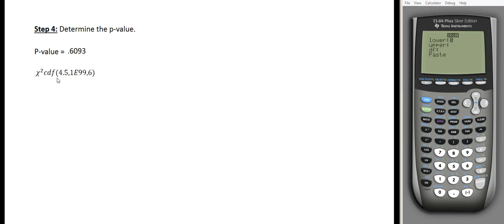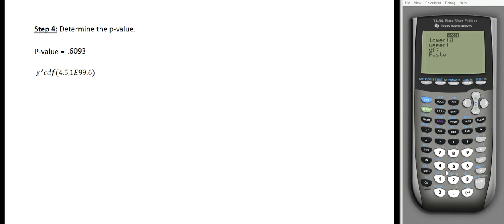So let me remind you just that notation on that other slide. If we're using the chi-squared CDF, our lower bound is going to be our test statistic, which is 4.5. Our upper bound, because we want to sum basically to infinity, so we're going to put 1E99, that's our scientific notation that we can enter into our calculator because we don't really have an infinity button on our calculator. And then degrees of freedom are 6.